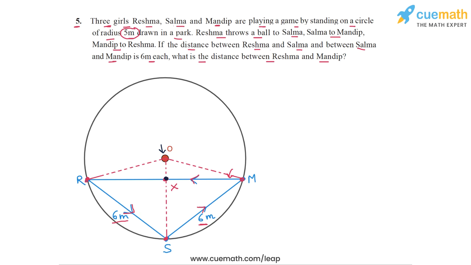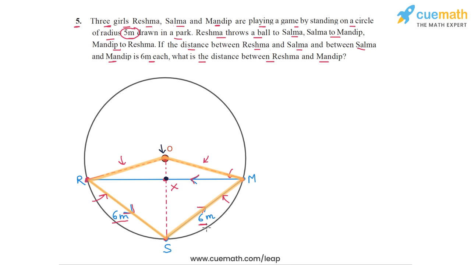So first I want you to think about this quadrilateral ORSM. What do you see about this quadrilateral? What can you say about this quadrilateral? Well, in this quadrilateral, OR and OM are equal because they are both radii of the circle. Both of them will be 5 meters, and RS and MS will be equal because they are both equal to 6 meters.